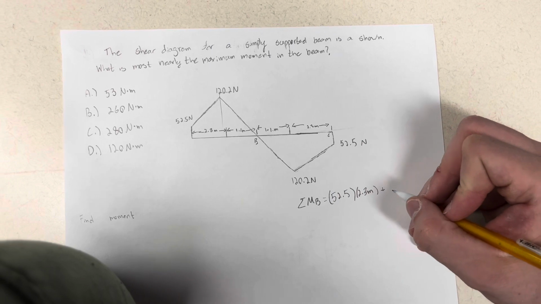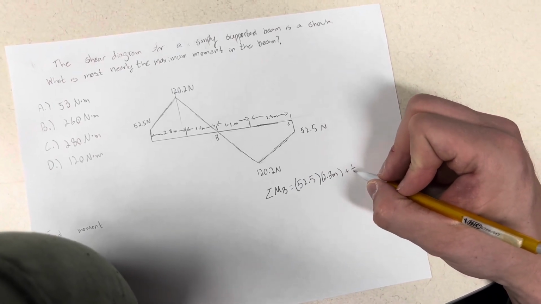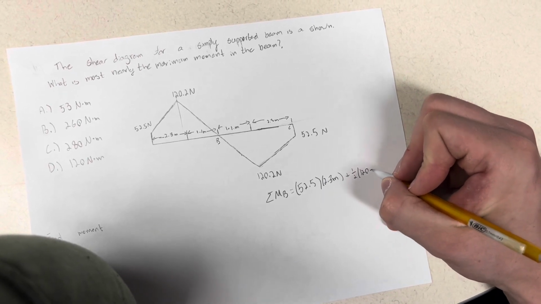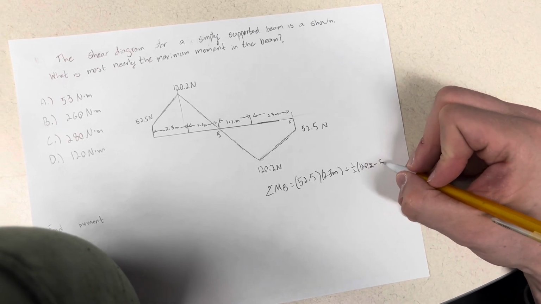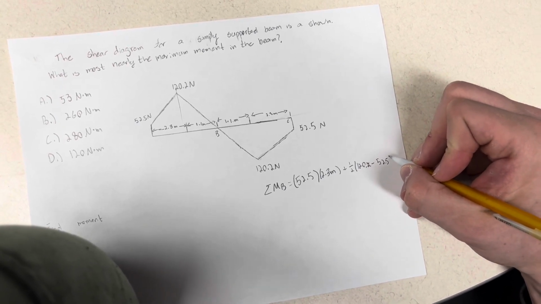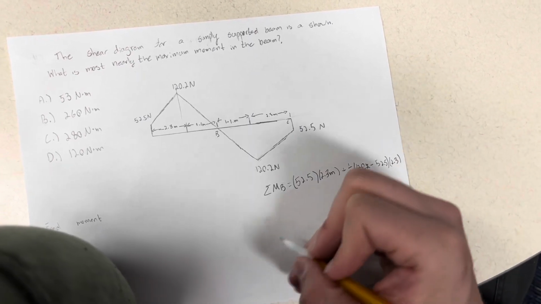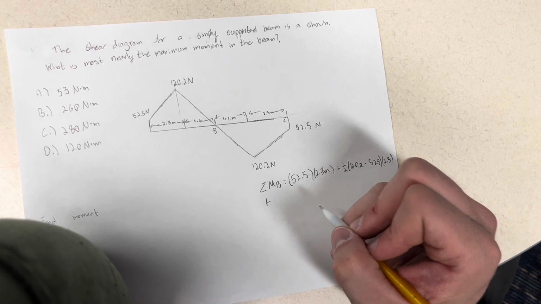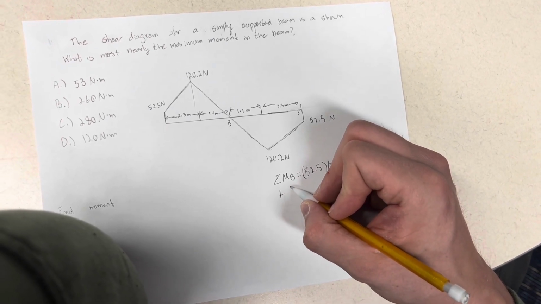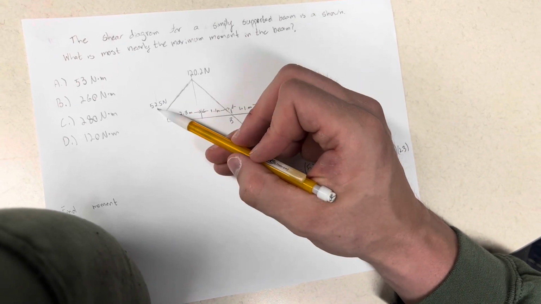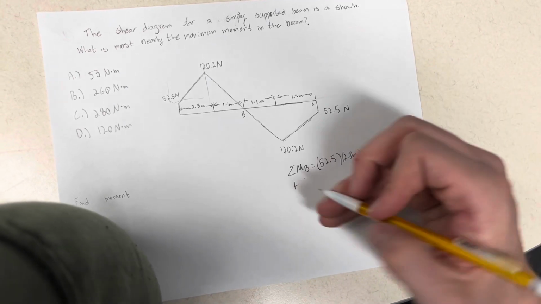plus 1/2 of 120.2 minus 52.5 times 2.3, plus, that's to find the difference right here, the 120.2 minus 52.5.